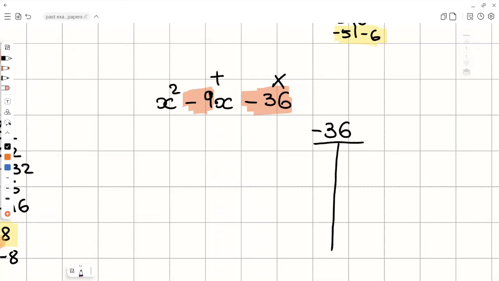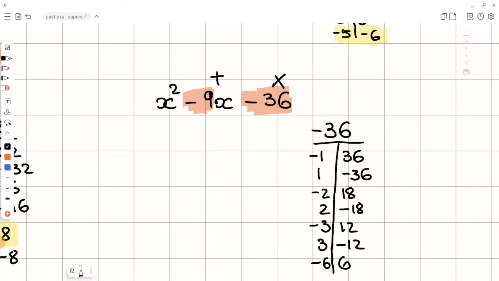That could be negative 1 and positive 36, because we know that when we multiply a negative with a positive number, we get a negative answer. Or it could be 1 and negative 36. We can have minus 2 and 18, or 2 and negative 18. We can have negative 3 and positive 12, or 3 and negative 12, and then we can have negative 6 and 6.